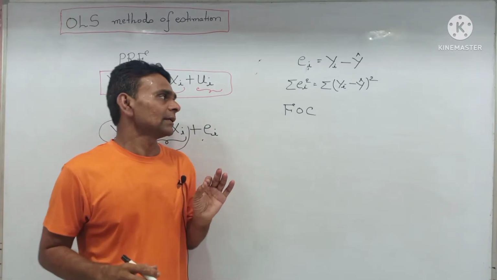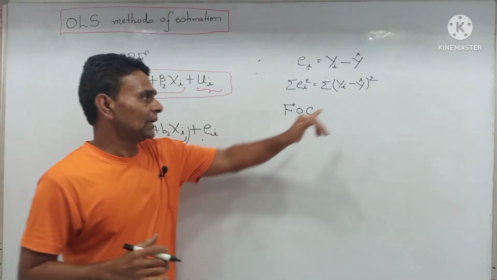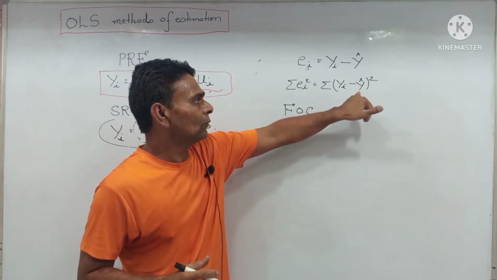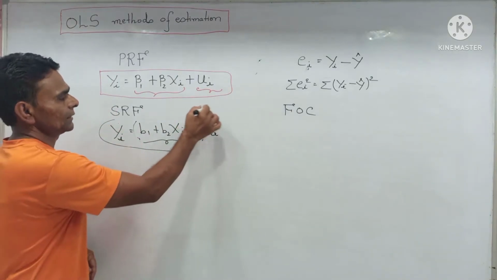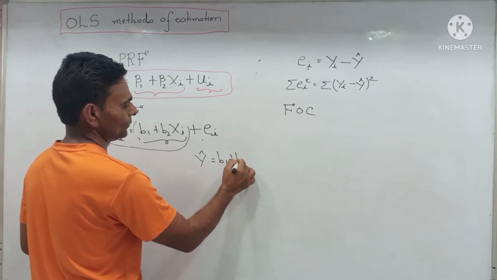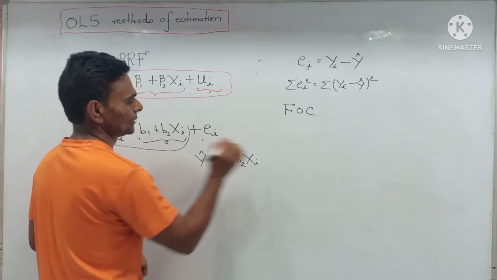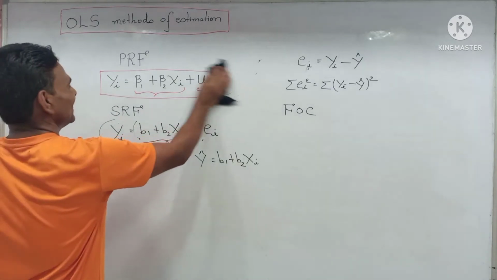Before taking the partial derivative, we need to substitute the predicted value, the value of y cap. And what is the predicted value? It is equal to b1 plus b2 xi. Substitute here. So now I am going to start here.